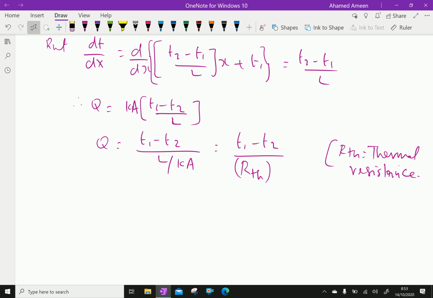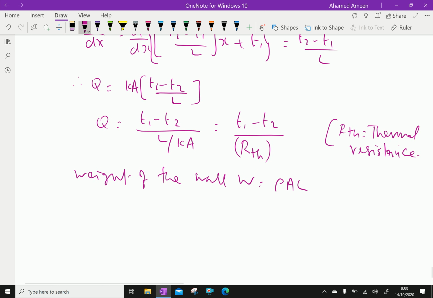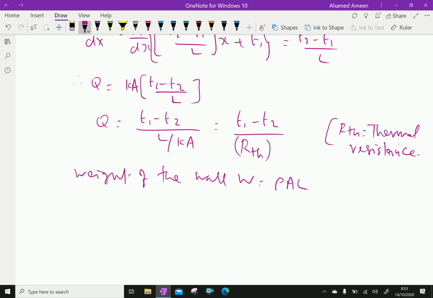The thermal resistance is L by K A, so we eliminate L. The weight of the wall, considering the full wall, is W equals rho, the density, times A into L, volume.